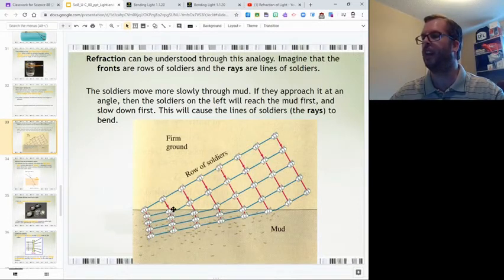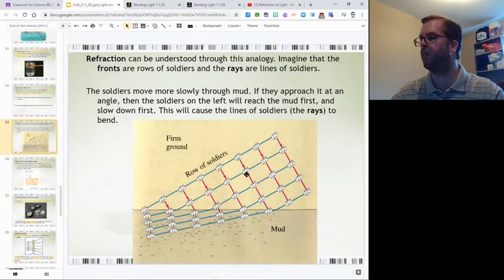Now, for this analogy to work, you have to imagine that the soldiers are doing their best to make sure that they are equal distance apart here. So the distance between each of them is the same as it is here. Okay. And you'll notice though, as they slow down, the soldier next to him will start slowing down.